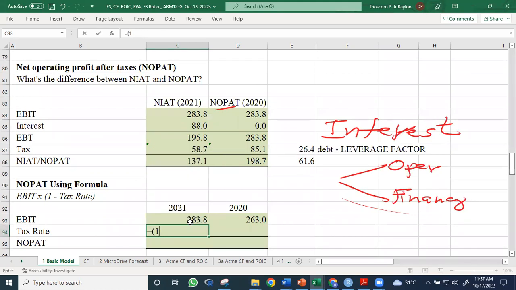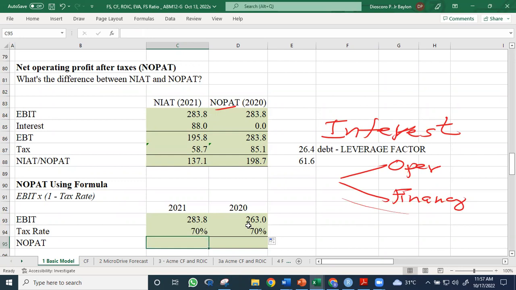Dapat yung formula 1 minus, so we're following the formula. EBIT times 1 minus tax rate. This one we can copy. Okay, 70%, no? Ibig sabihin 30% mapupunta sa tax.